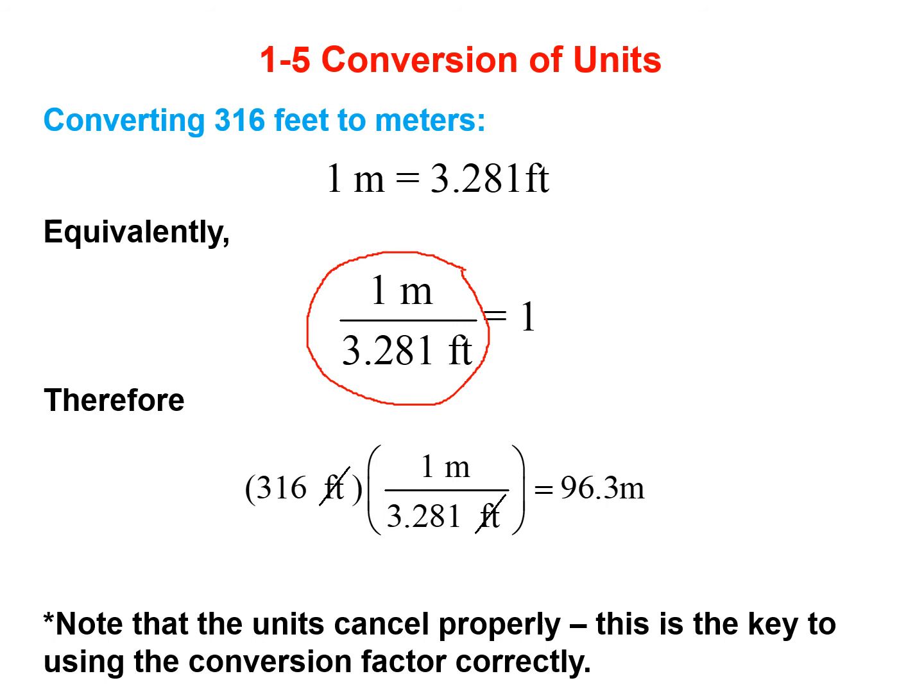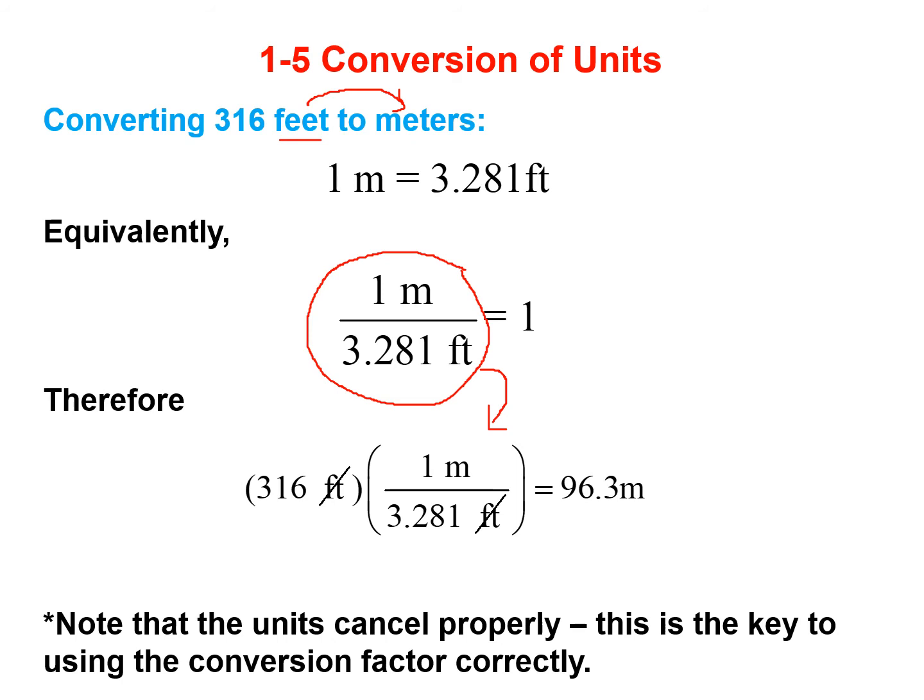So 316 feet, if we bring down the conversion of 1 meter to feet over here like this, if you wish to convert from feet to meters, meaning that the final answer should be meters, not feet. So therefore we should take feet away from the calculation.